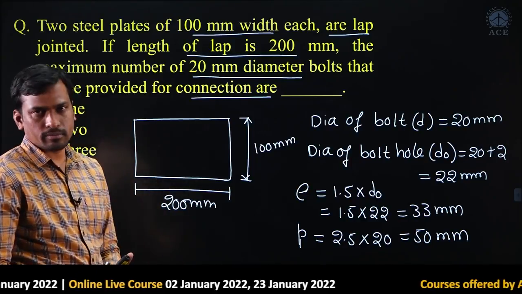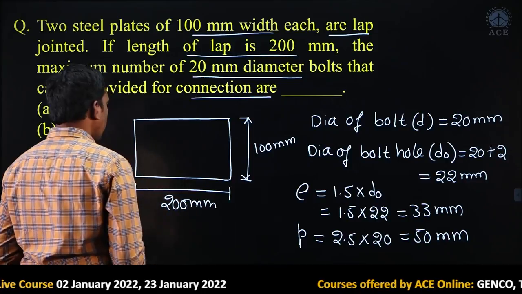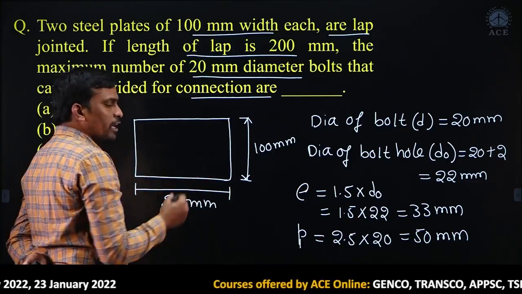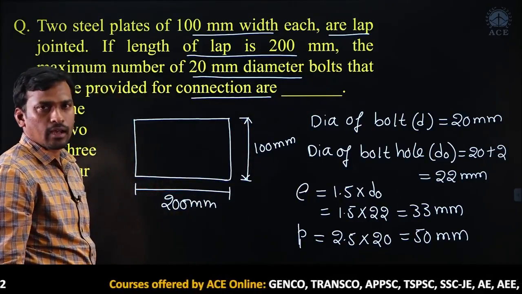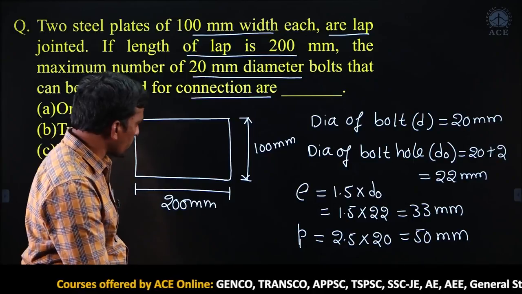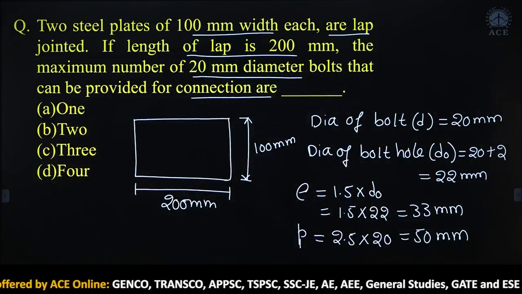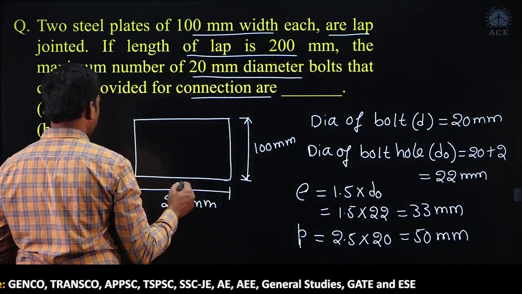So, we calculated the minimum end or edge distance, and we calculated the minimum pitch distance, 2.5 times the diameter of bolt. Now, for this plate, first I will find the maximum number of bolts along the width direction. Just first note this.